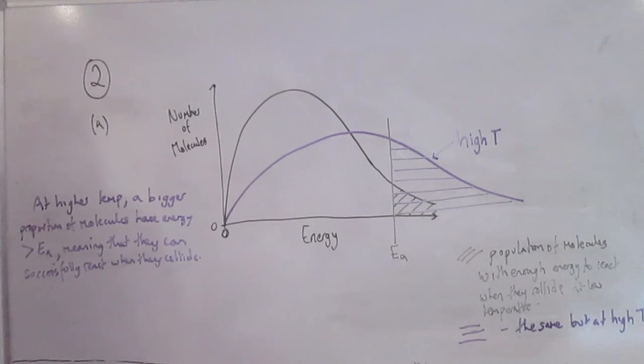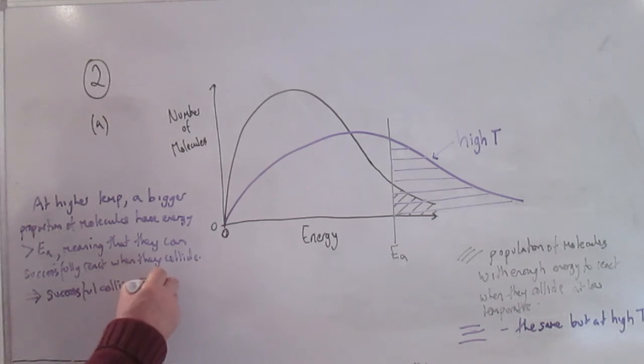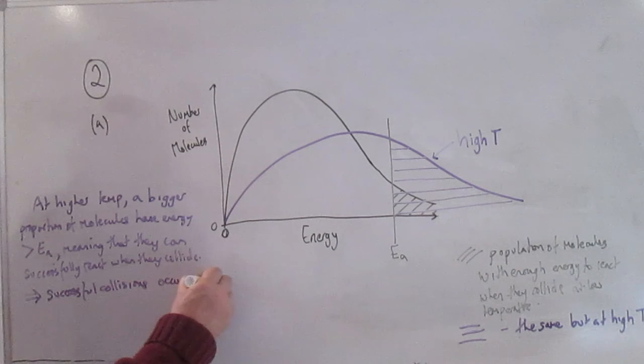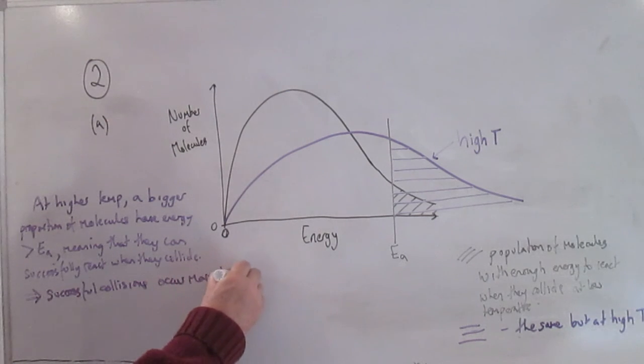But you've still got to spell it out more, because they'll say, okay, yeah, this bigger proportion of molecules have got enough energy, but what does that mean? So you've got to spell it out. This means that, therefore, successful collisions will occur more frequently. Okay, because if each collision that occurs has a bigger chance of success, obviously successful collisions will occur more frequently at higher temperature.